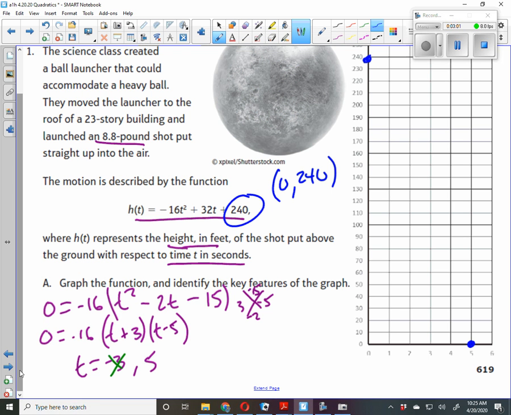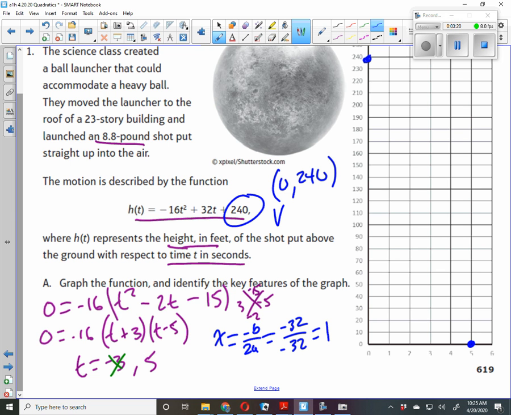We know that the axis of symmetry, x is equal to negative b over 2a, so negative 32 over negative 32, or positive 1.